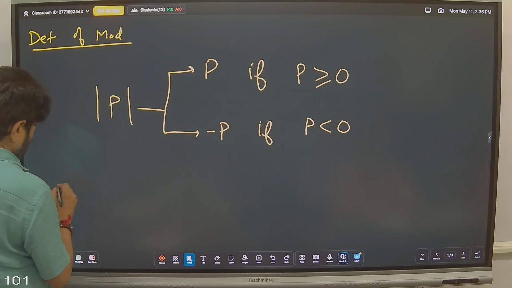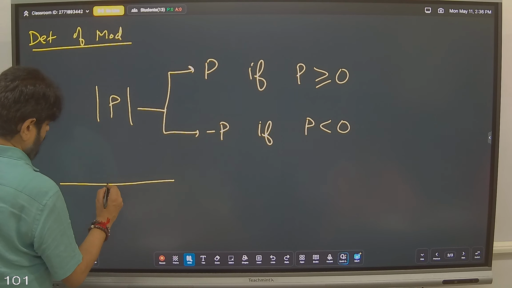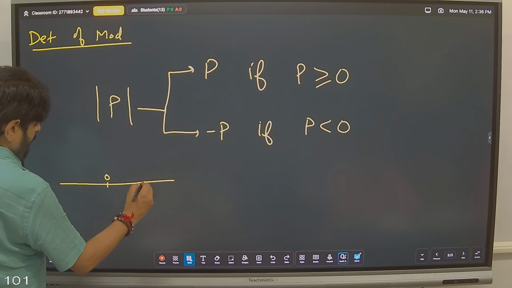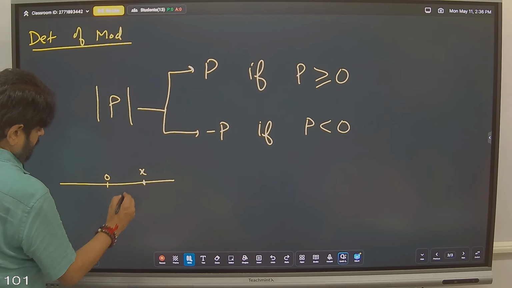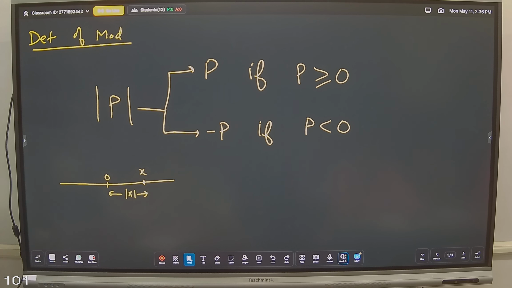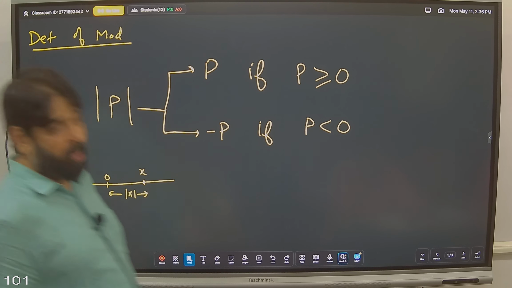Actually, on the real number line, if x is anywhere, this length is called mod x. Mod x is nothing but the length of x. And in mathematics, every length we measure from where? Origin. This is the actual meaning of mod x.